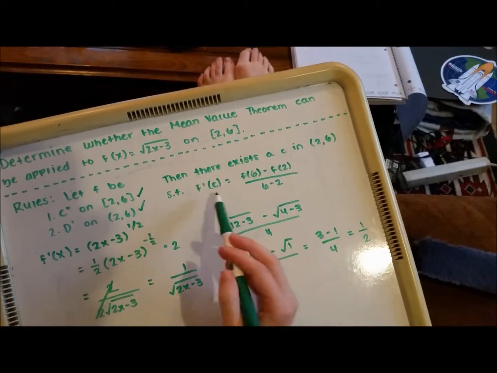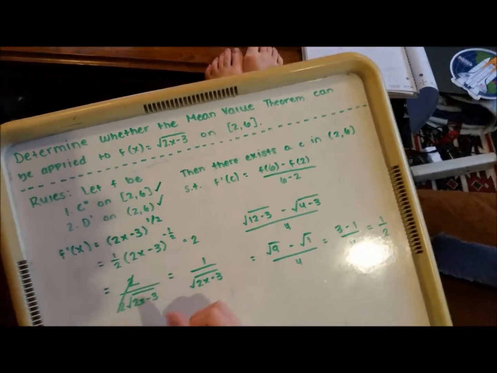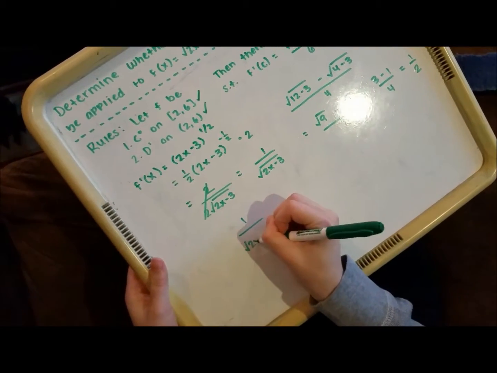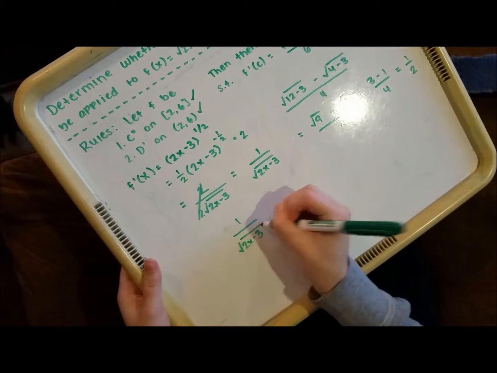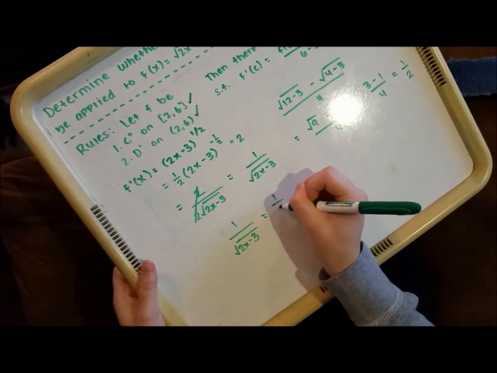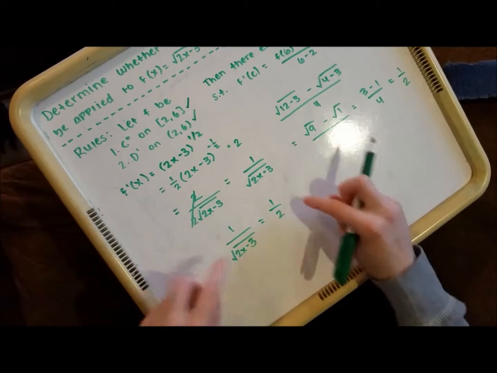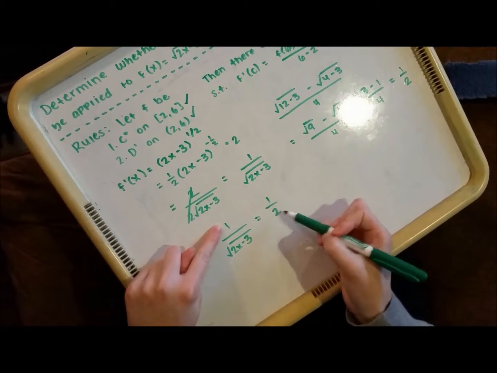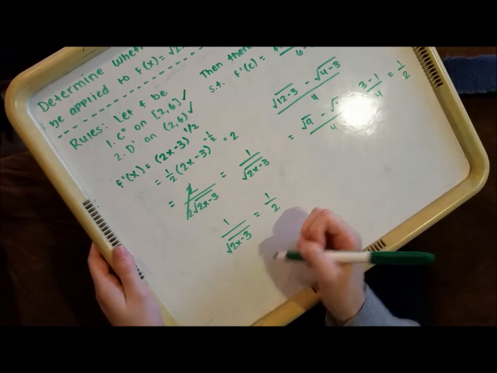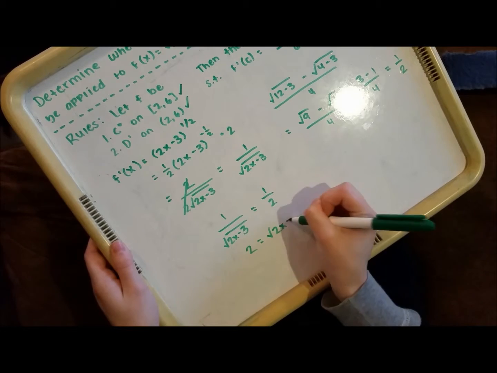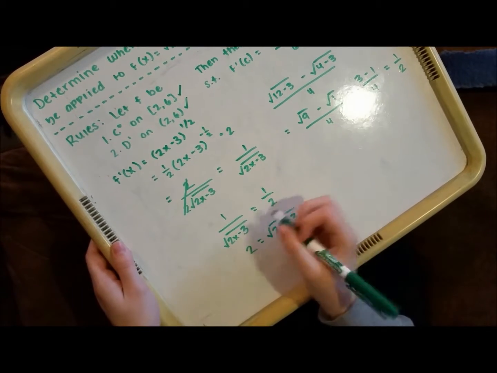We then plug in our values for this equation. So we have 1 over the square root of 2x - 3 equals 1/2. And because our numerators are equal, we can just cross multiply and we get 2 equals the square root of 2x - 3.